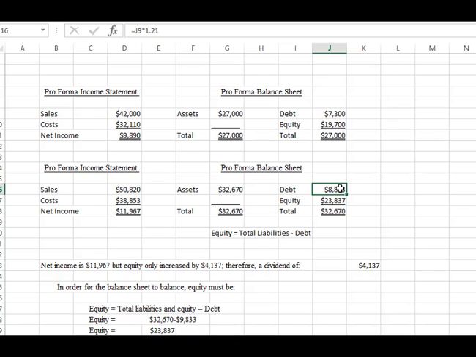So to get the new equity number, this is the trick here, folks. Please make sure you're following this. This is our little trick that we do to see if you're paying attention. We take our total asset number and we subtract out the debt, which would then be 23,837. That's how we get it.